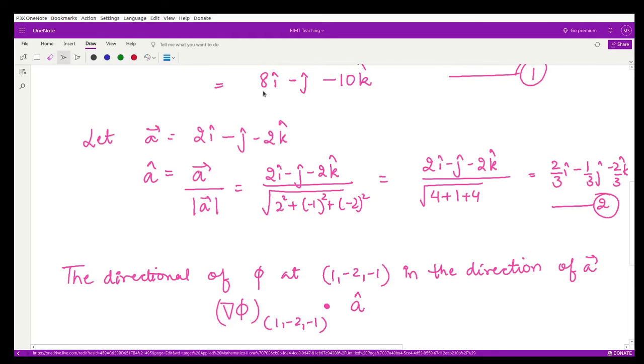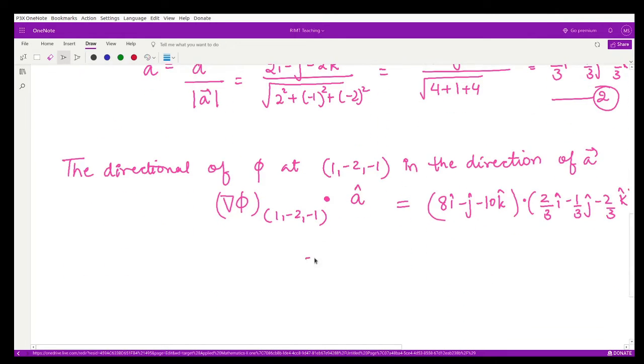So we have this first as 8 i cap minus j cap minus 10 k cap, dot product with another vector, this one. So you have 2 by 3 i cap minus 1 by 3 j cap minus 2 by 3 k cap. So when you take the dot product, this would be equal to 16 upon 3 plus 1 upon 3 and then plus 20 upon 3. So this would finally become equal to 37 divided by 3. So this is the value of directional derivative in the direction of vector A.